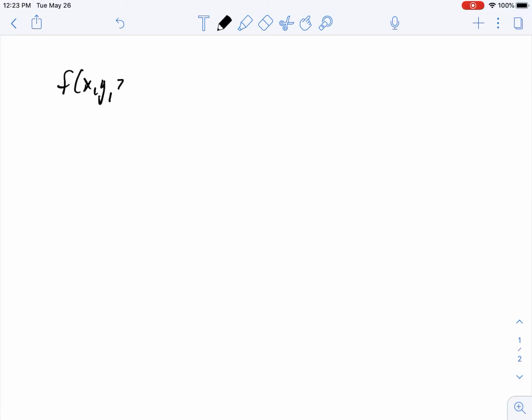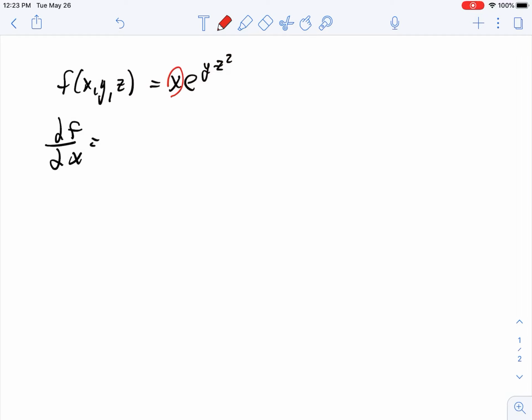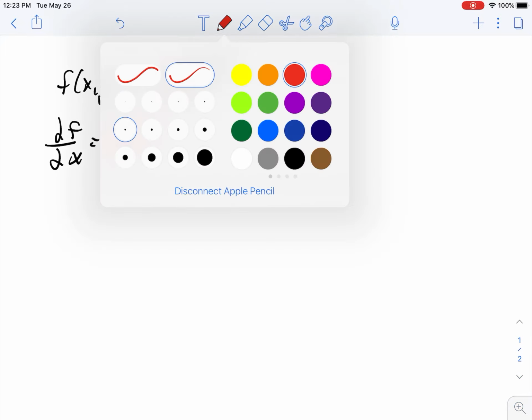Let's say we have a function f of x, y, z, and our function is x e^(y z squared). So if I do our partial derivatives, the partial of f with respect to x, we do the derivative in terms of x. There's only one x there, so the derivative is basically 1 times e^(y z squared).